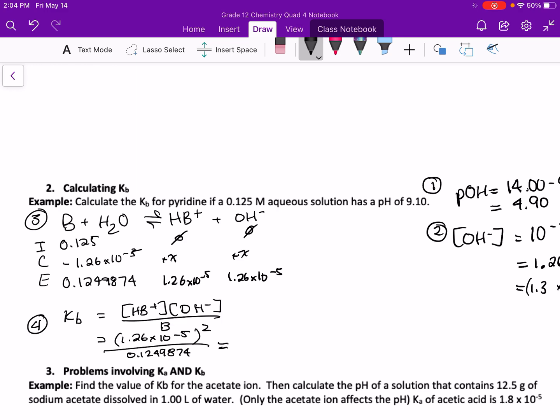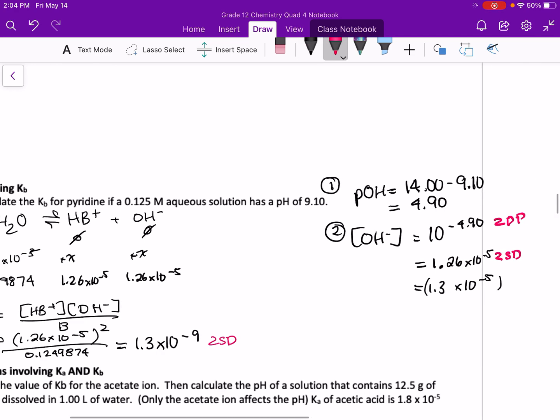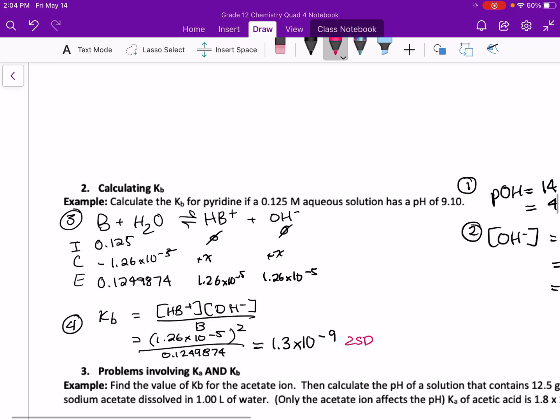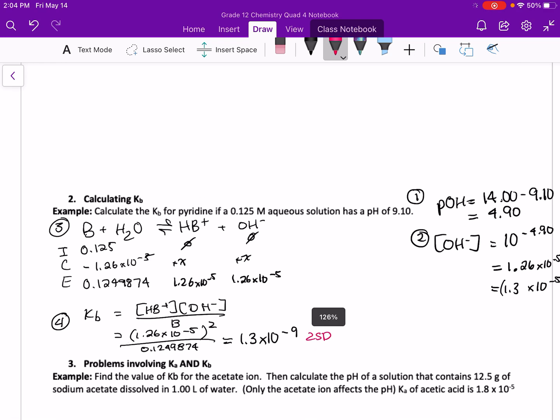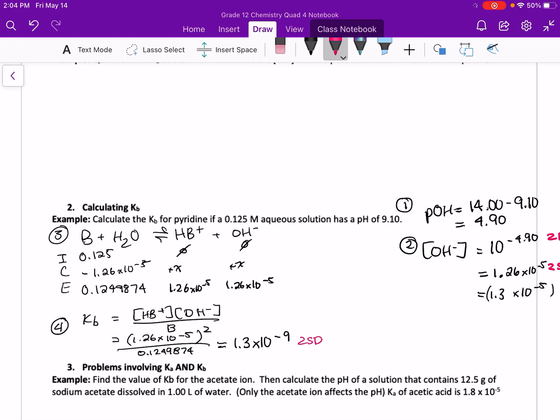And we're going to get a value of 1.3 times 10 to the negative 9. We rounded to have 2 sig digs because we had 2 sig digs from our OH. All right, so this is calculating the Kb when we have our pH given to us.